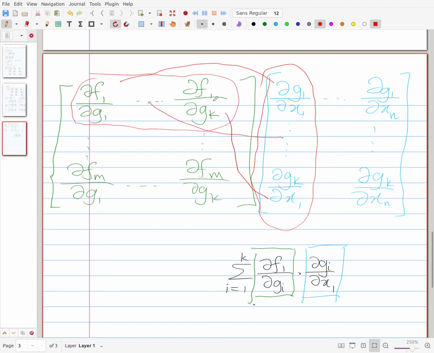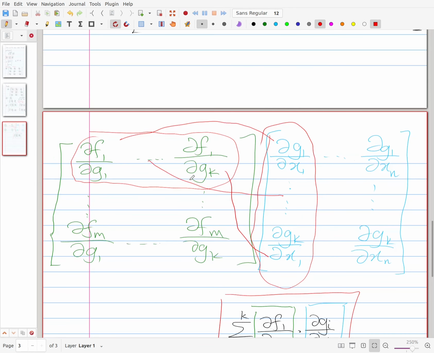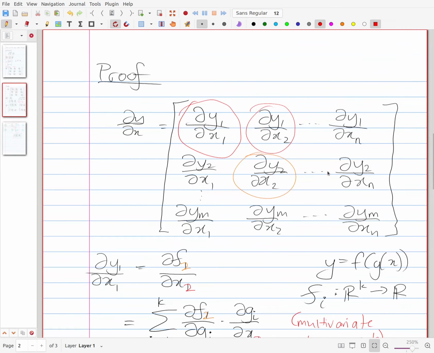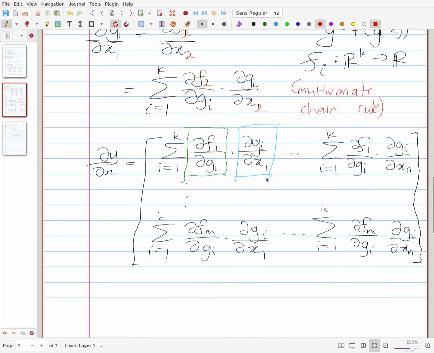And all of those terms are added together. And that's exactly what we have here. And if you go through the other entries in the matrix, you'll see that we actually do get exactly what we want.